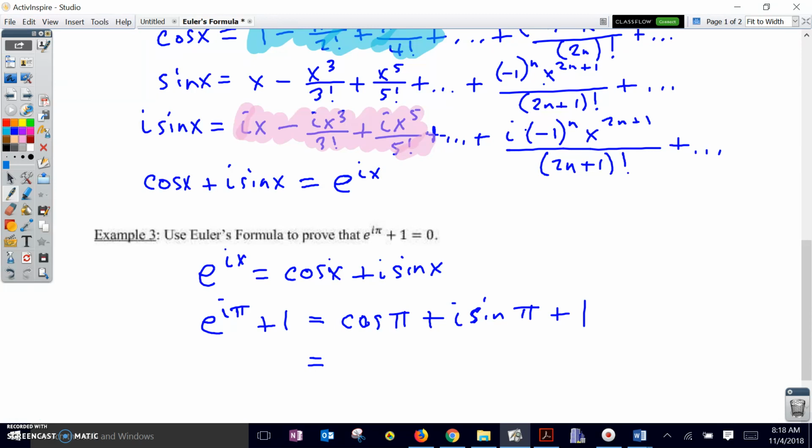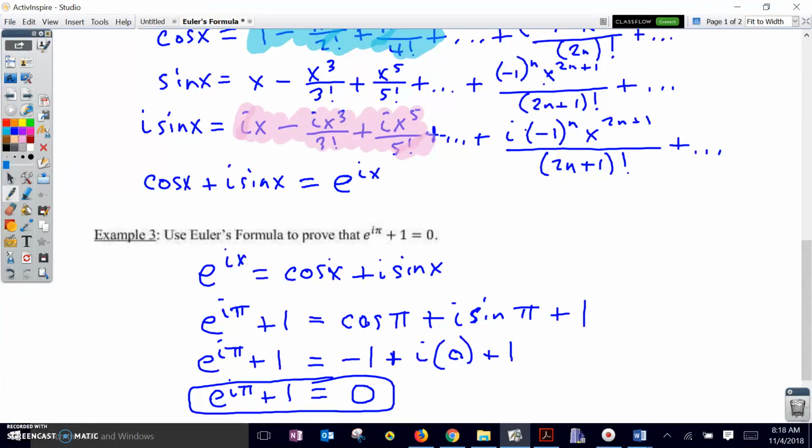The cosine of pi is equal to negative 1. The sine of pi is equal to 0. And so we've proved that e to the i pi plus 1 is equal to 0.